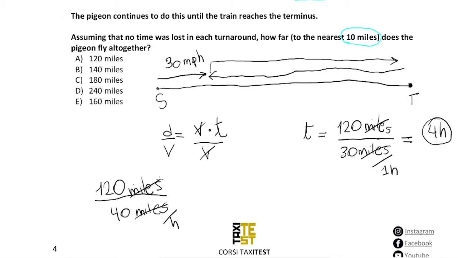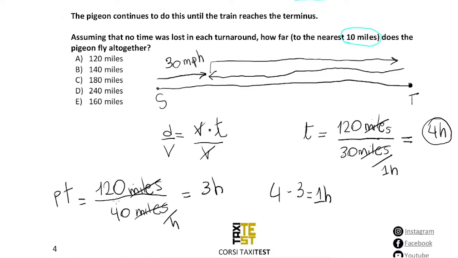So we can see that our pigeon time is equal to 3 hours. This means that our pigeon takes 3 hours to travel a distance that our train takes 4 hours to travel. So 4 minus 3 equals 1 hour. So our pigeon has 1 hour left to actually travel.